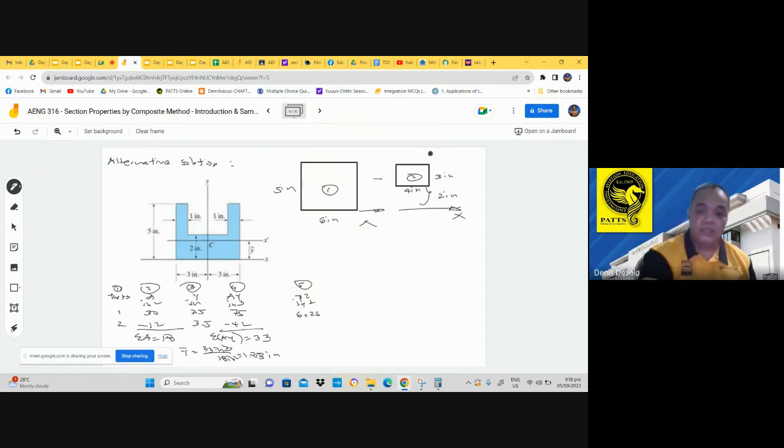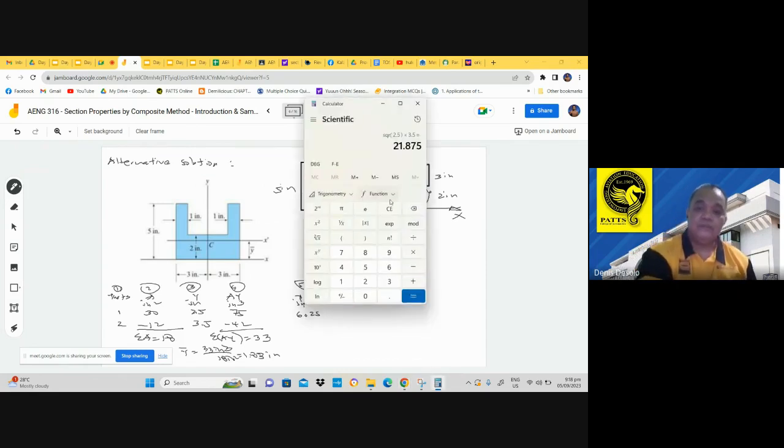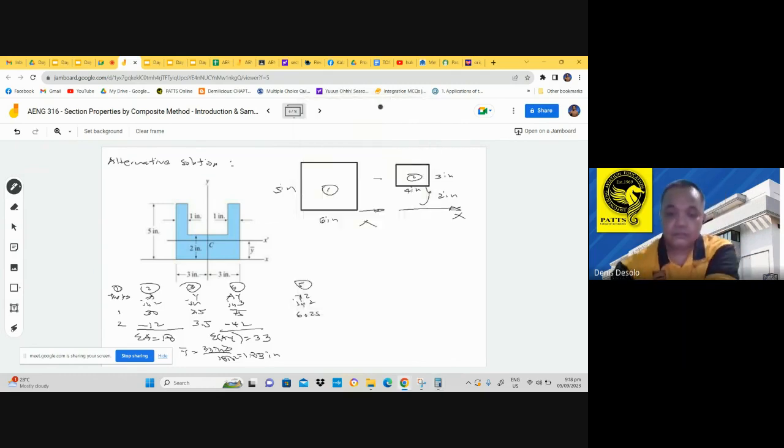The other one is 3.5 squared, that's 12.25. Then for the sixth column, we'll multiply the area and the y squared. So the unit becomes inch to the fourth.